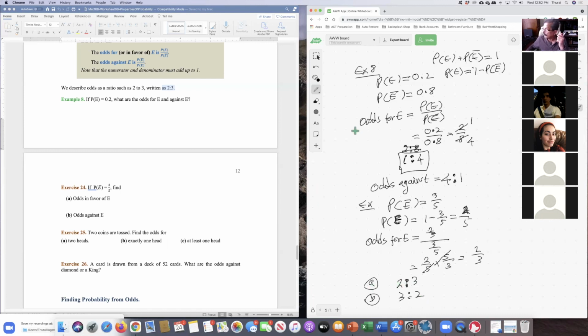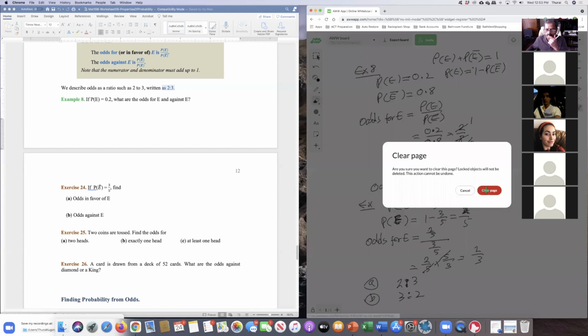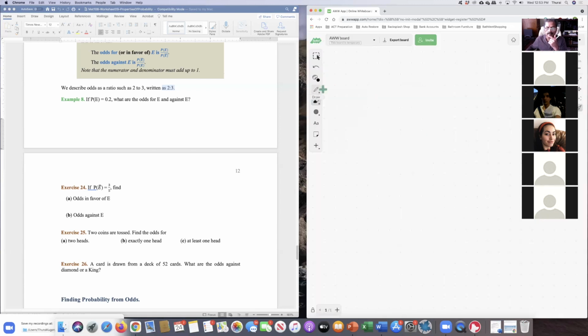Let's do 25. Let me clear the board. All right, I'm doing 25. Two coins are tossed. Find the odds for 2 heads. Well, you have to find the probability. You already learned how to find the probabilities.